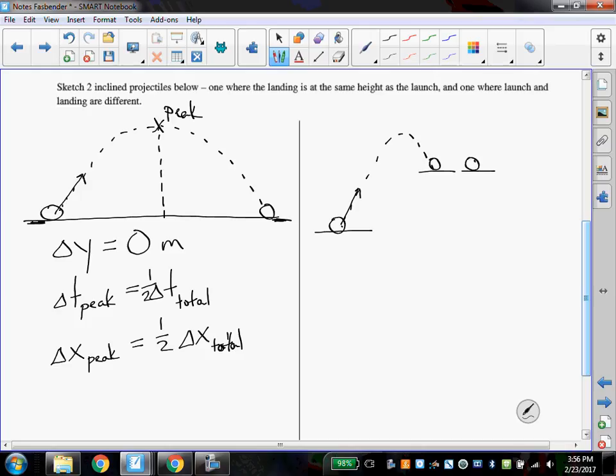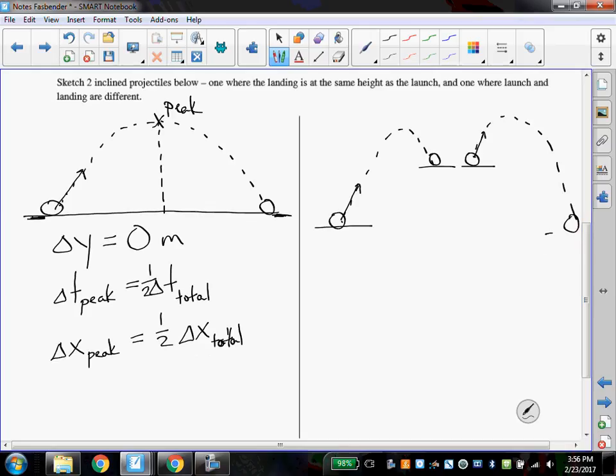We could start very high, shoot that projectile, and it lands much lower than where it started. There are different patterns that apply to these two situations. Number one, we do have some kind of a delta y. So our delta y is no longer 0. It is some non-zero number.